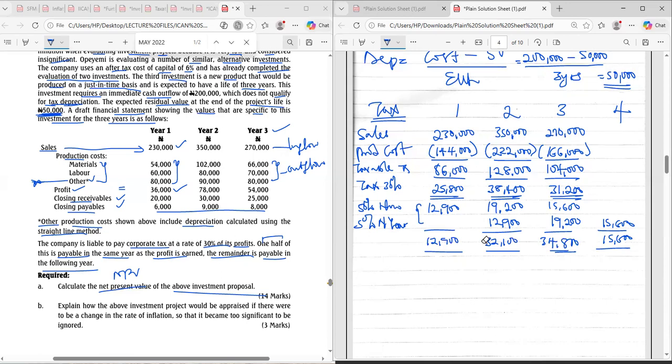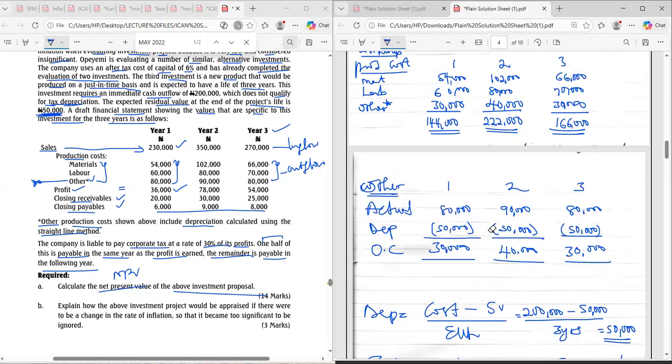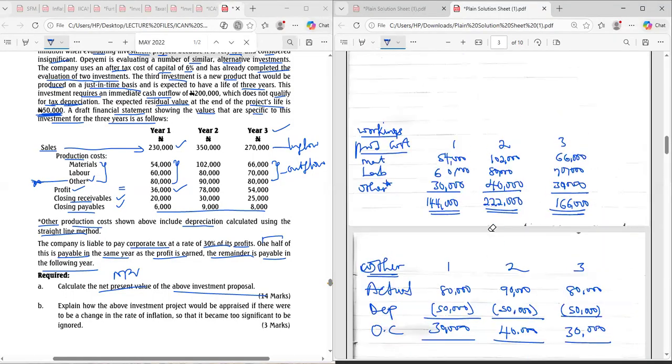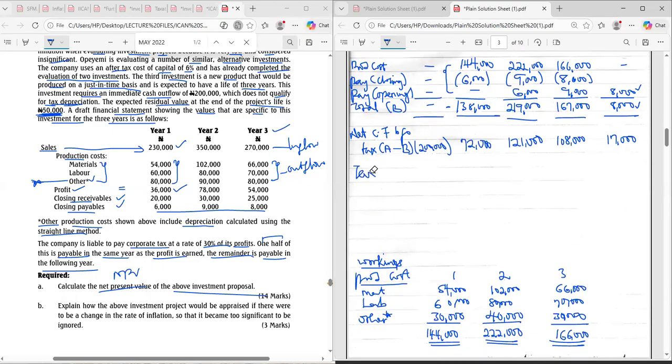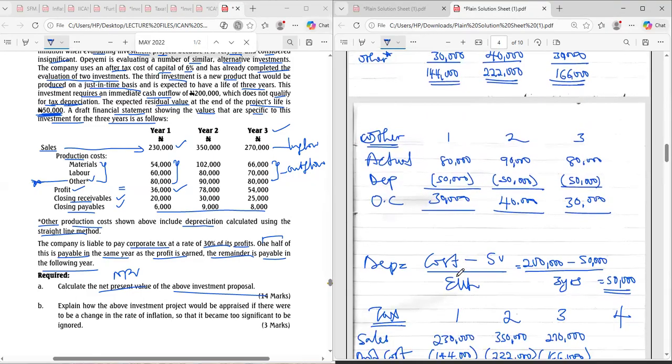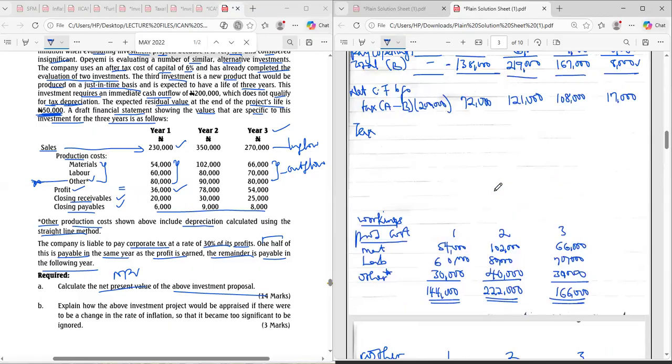You want to ask a question on payables? When we are in tax, let's put our tax first. 12,900, 32,100. So here's our tax going to be. So what is our tax? 12,900 under year 1, 32,100 under year 2. So let's go.